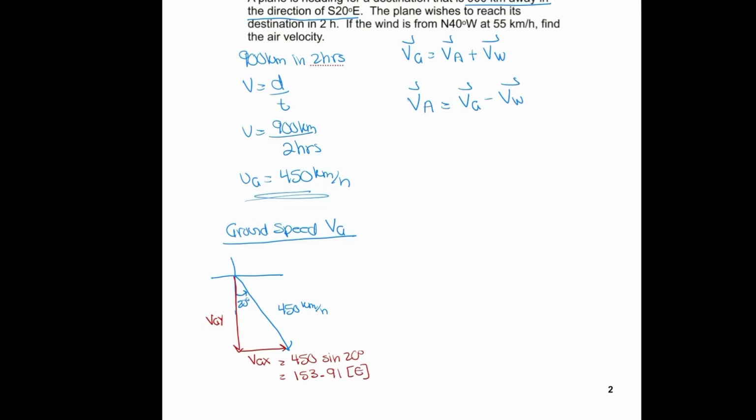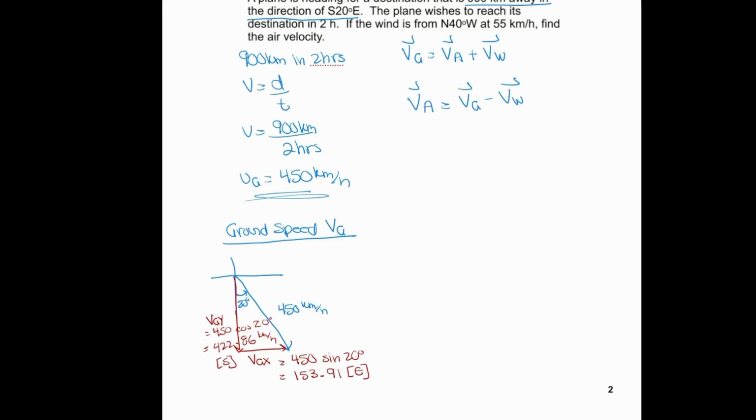And the ground speed in the y direction is equal to 450 cosine of 20 degrees, which is equal to 422.86 kilometers per hour, and that is south.